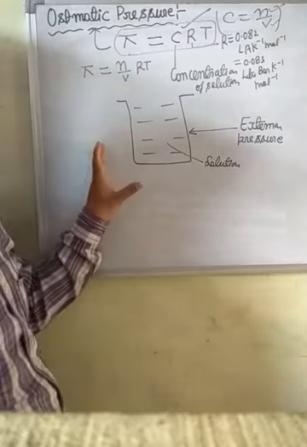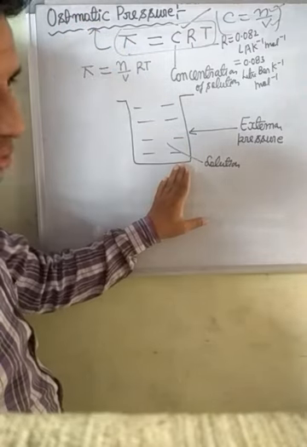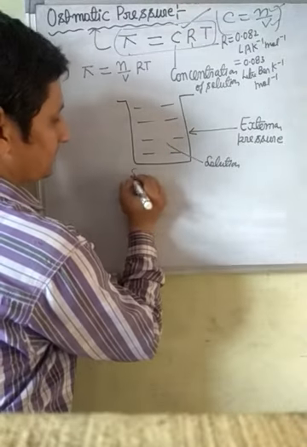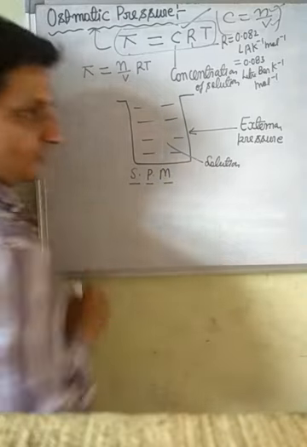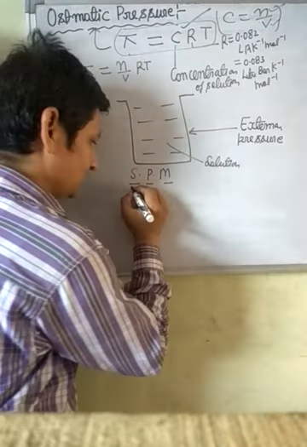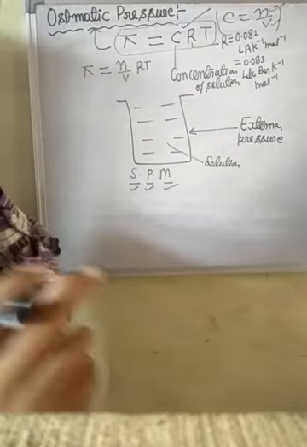I am telling you the definition one last time: the external pressure which should be applied on the solution to prevent flow of solvent into solution through SPM. Now the question is, what is SPM? Full form of SPM is semi permeable membrane. What is a semi permeable membrane?